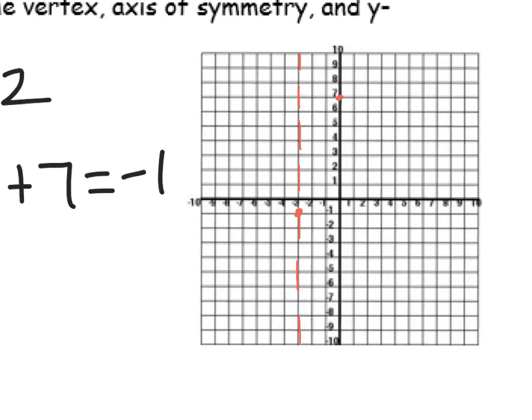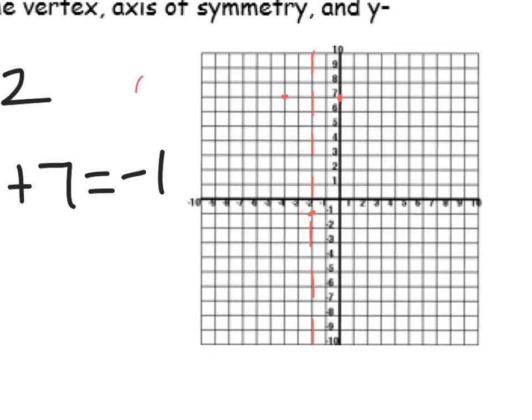Whoops. That all sounds good and well, except I believe I put the axis at -3, which is no good. All right, there it is at -2.